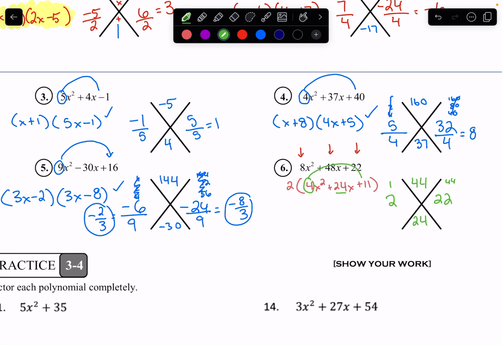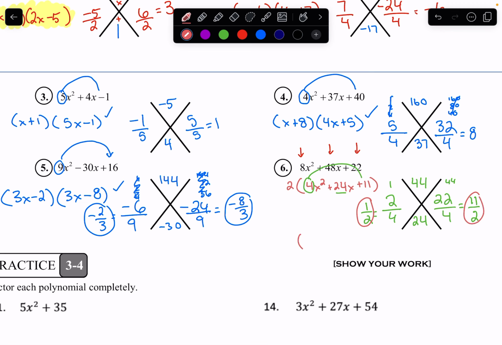Now, because I multiplied by 4, I need to divide by 4. And when I do that, it's kind of like number 5. Neither one of these cleans up all the way. This one becomes 11 over 2. This one becomes 1 over 2. So when I write my answers, I've got to use 1 over 2 and 11 over 2.